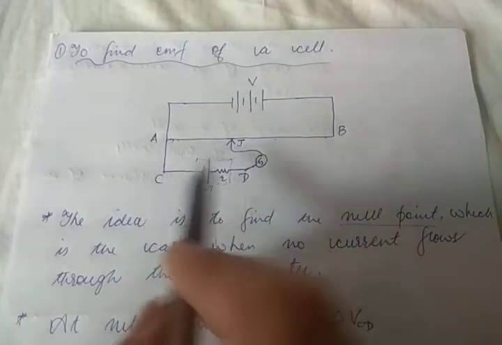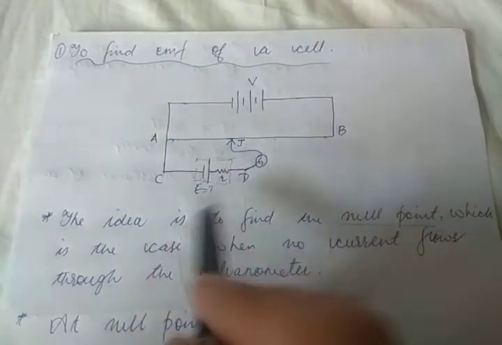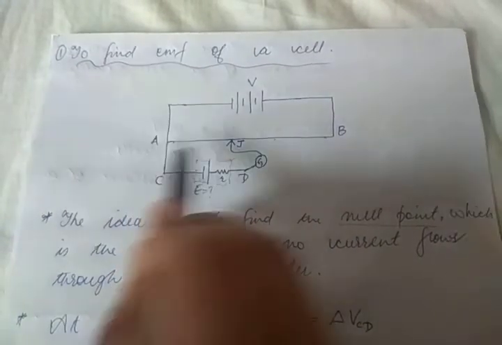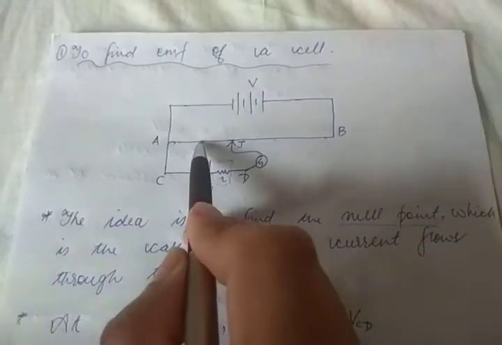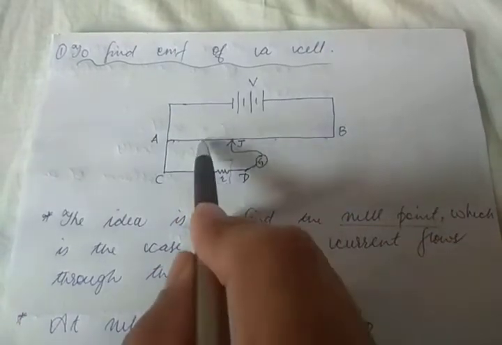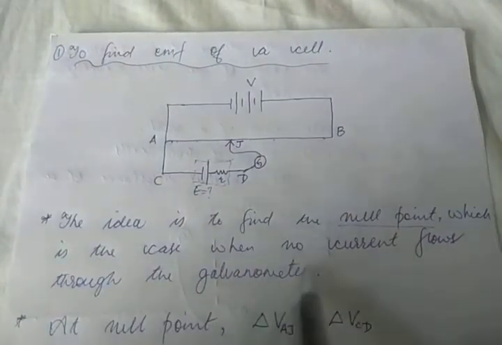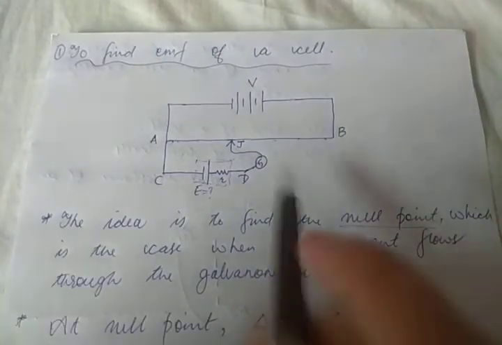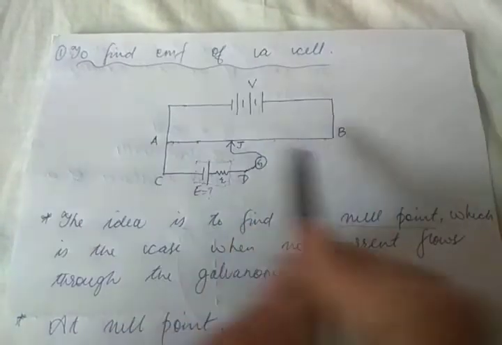So trial and error goes on. Initially I placed my jockey very close to A and very close to B. Then I place it somewhere over here. It will still deflect towards the left. Then I'll place it somewhere close to B, it'll deflect towards the right. So the null point has to be somewhere in between this point and this point.